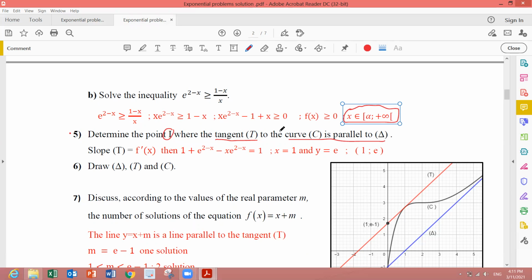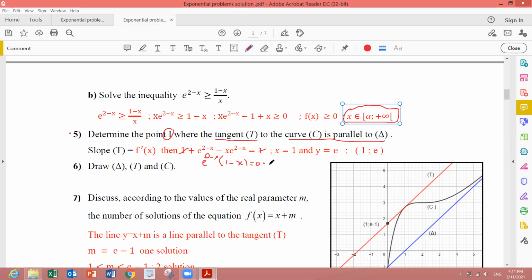The slope of delta is equal to 1. The slope of the tangent equals the slope of delta, which equals 1. f prime x is 1 plus e power 2 minus x times (minus 2 minus x) equal to 1. 1 and 1 simplify. We take e power 2 minus x common, times (1 minus x), equal to 0.